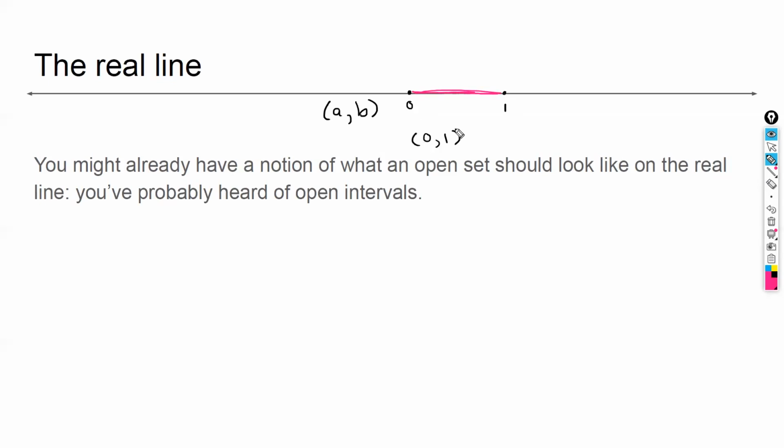The round brackets mean not including the endpoints. So for example, 1/2 will be in this set, and 3/4 will be in this set, and 0.9899996, whatever, that's going to be somewhere over here. But 0 and 1 will not be in that set. So you've probably seen open intervals already.